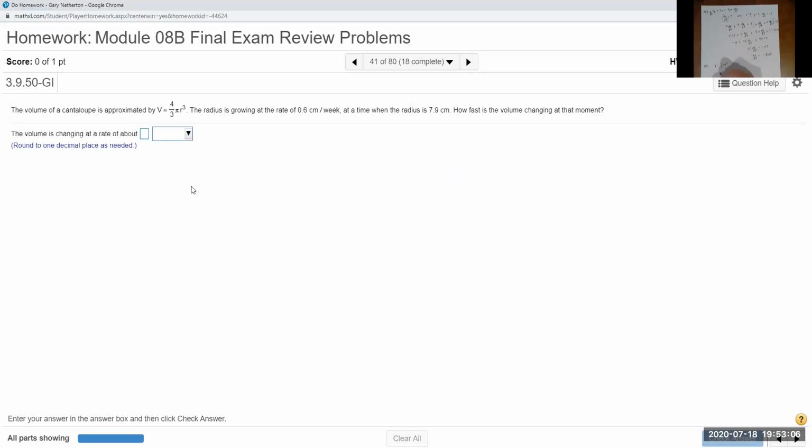The radius is growing 0.6 centimeters per week. So we're measuring it per week. So the freeze frame, we're looking when the radius is 7.9 centimeters, and we want to know how the volume is changing.